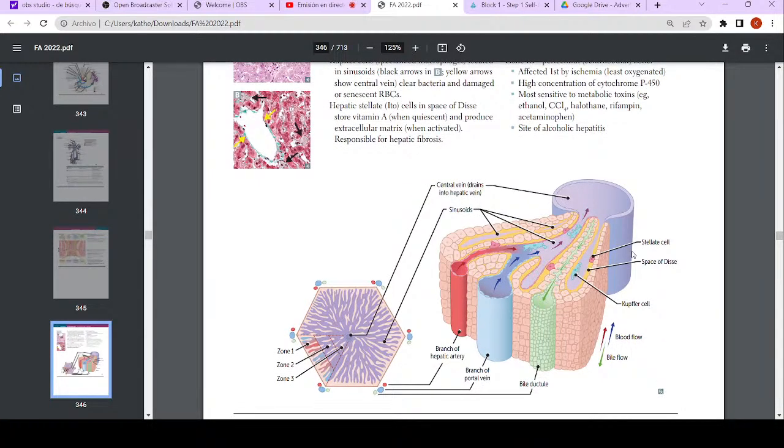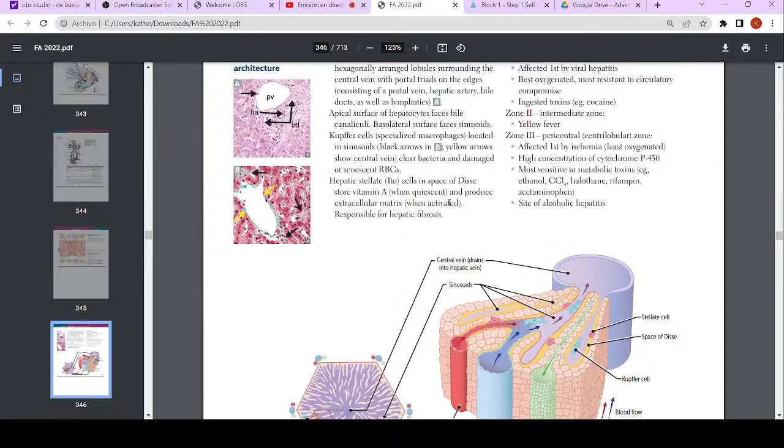Another thing they can ask you about is the stellate cell. Here it is. Hepatic stellate or Ito cells are in the space of Disse, and they're important because they produce the extracellular matrix that is responsible for hepatic fibrosis, which could lead to cirrhosis. Also, they store vitamin A. Kupffer cells are the macrophages that clear bacteria and damaged or senescent RBCs.